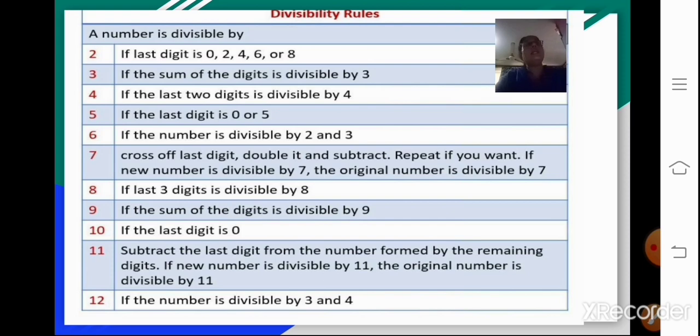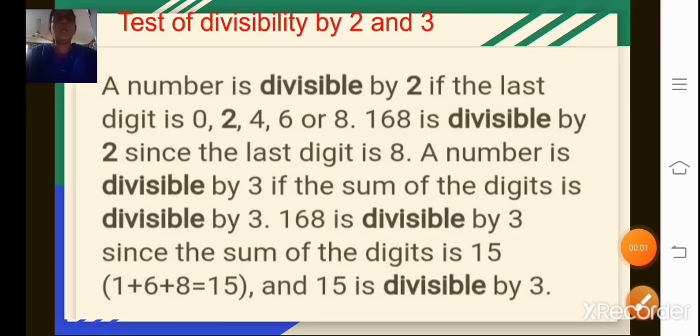Now let us see each divisibility rule one by one. Let us start with the test of divisibility by 2. When do we say a number is divisible by 2? We say that a number is divisible by 2 if the last digit, or the number in the ones place, is 0, 2, 4, 6 or 8.